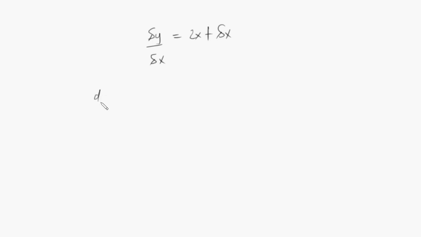Sasa mimi nataka dy over dx. Hiyo ni limiting value ya huyu as delta x approaches 0. So ona, as delta x approaches 0, inavyozidi kuwa karibu na 0, the value of delta y over delta x inazidi kuwa sawa na 2x. Okay? Kwa sababu kama delta x ni 0.00001, it means kwamba it approaches 0.